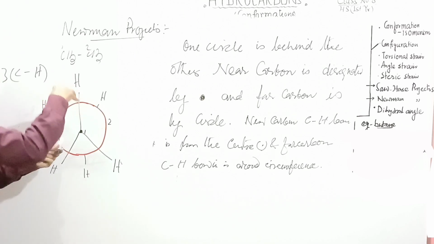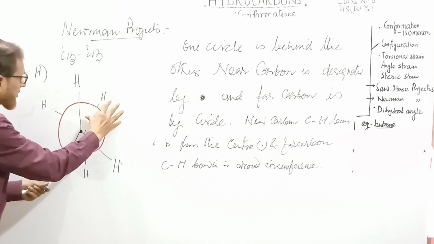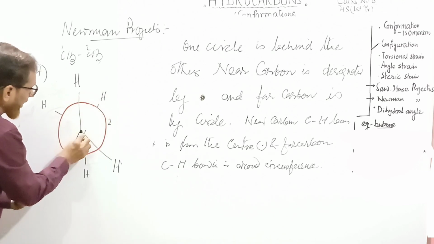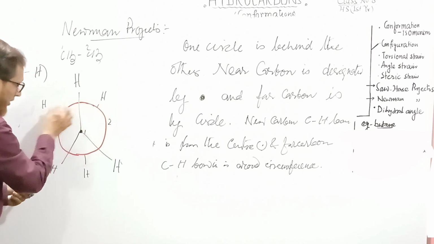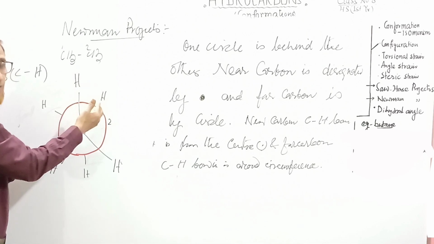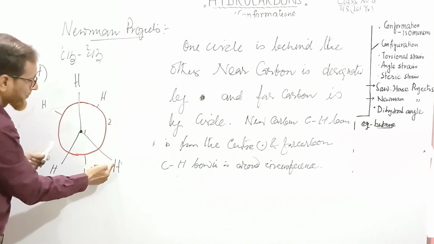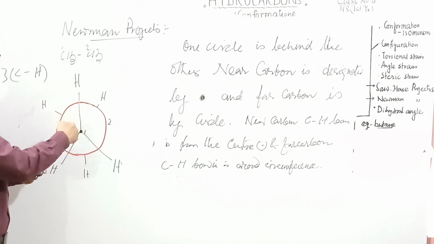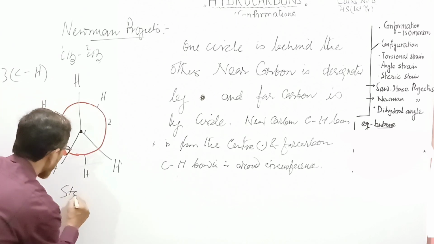So when you place the other, as we have seen in earlier cases in Newman projection, the first carbon has 3 hydrogen, and the second carbon has 3 hydrogen. If you place them so that the carbon-hydrogen bonds are exactly in the opposite direction to those attached to the first carbon, it is staggered, and it is more stable.